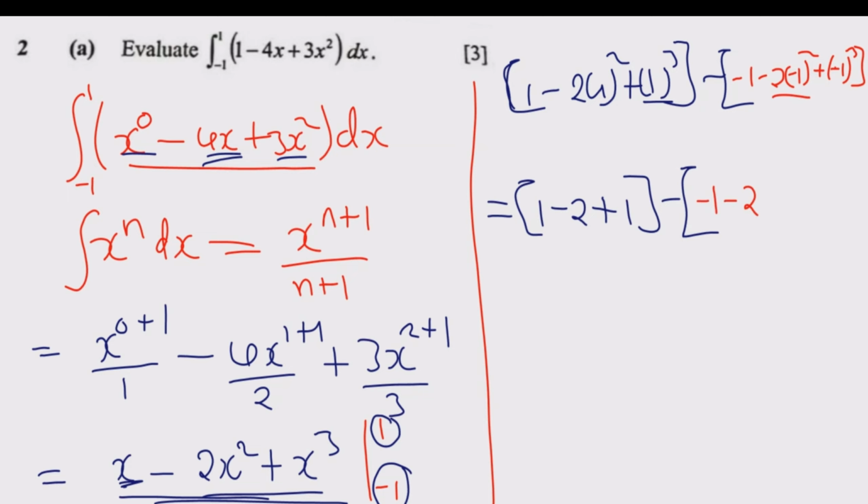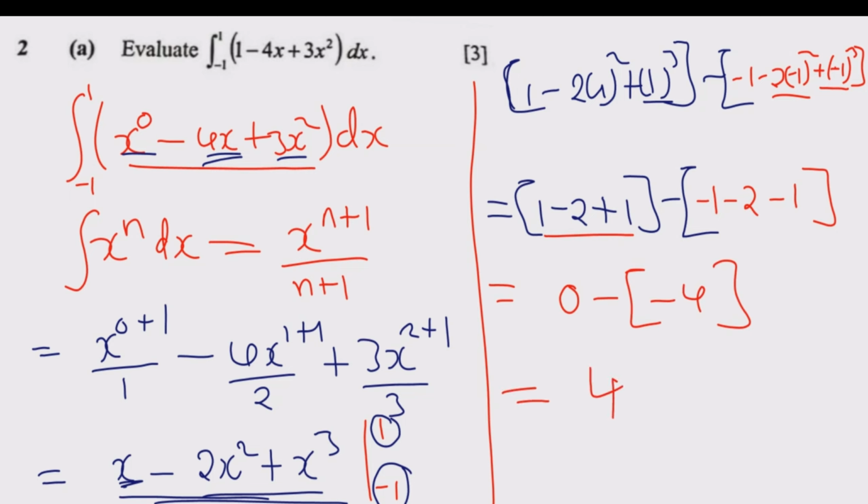Then -1 to the power 3 is -1. Then this one gives us a 0 minus -1 minus -2 minus -1 is -4. Then simplifying this, we are getting a 4. So when we integrate this one, we end up with a 4.